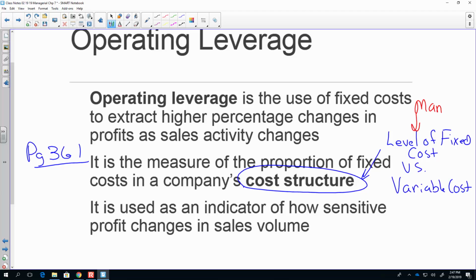So look at General Motors. They have a huge investment in these fixed costs, property, plant, equipment. That depreciation is in that fixed cost.